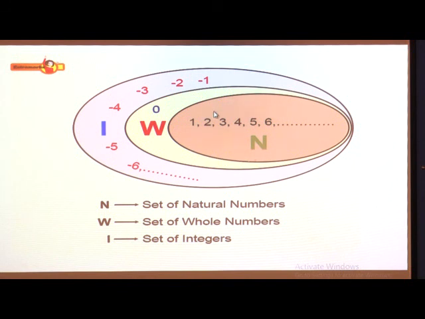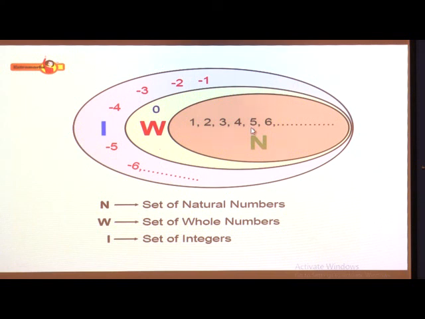And what is this W? It means whole numbers. 0 and all the natural numbers, that means the natural numbers including 0, is the whole numbers.